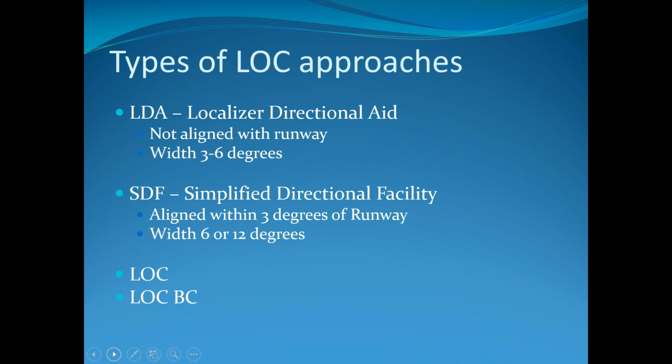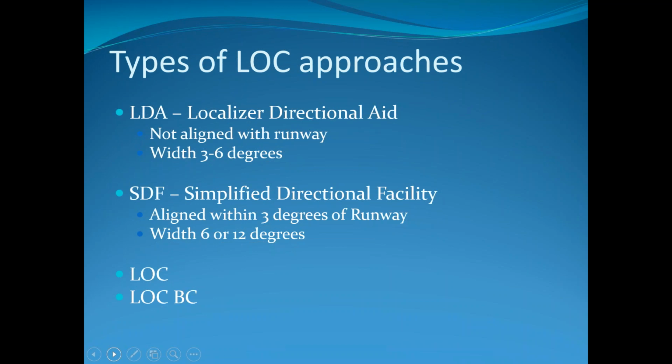And all an LDA is, it shifts the approach system to offset a little bit. Instead of bringing the aircraft straight in, it still does all of the same things. It brings the aircraft down. It is a precision approach still, and once you can see the runway, you're not straight aligned with it. You come down at an angle. It can't be more than 3 to 6 degrees, but you come down looking this way, and the runway might be straight this way, and you're coming in like this.